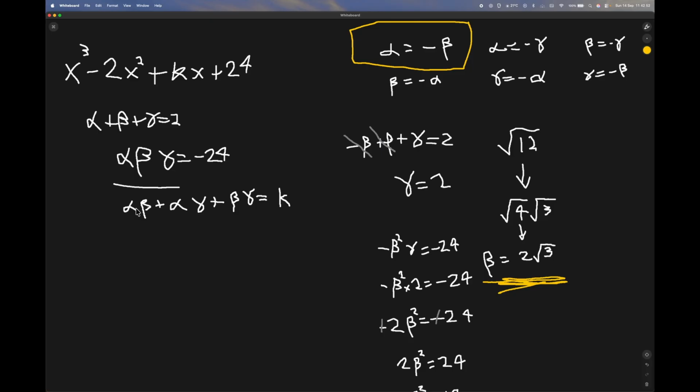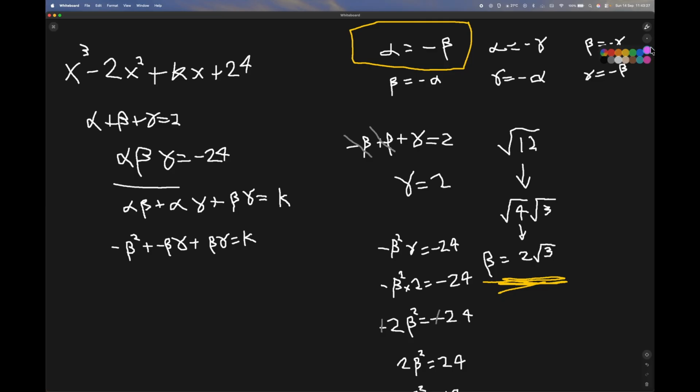So now, let's solve this one here. We know that alpha is negative beta. So negative beta squared plus negative beta gamma plus beta gamma is equal to k. Now, we know that gamma is equal to 2.